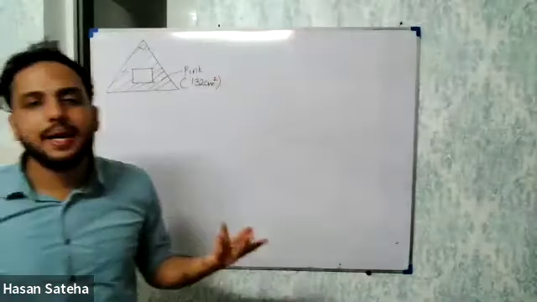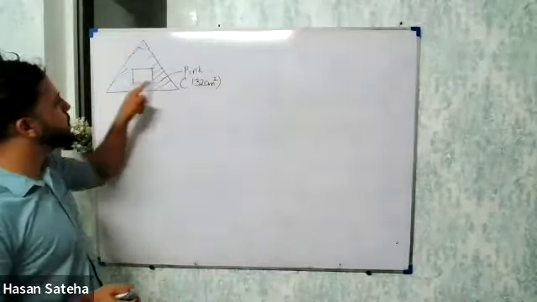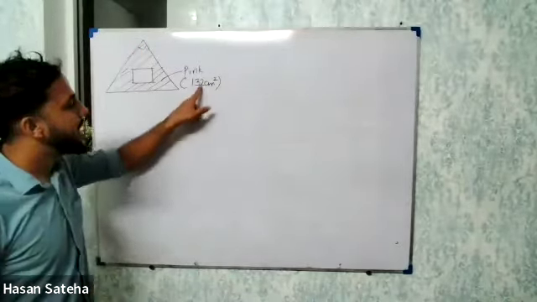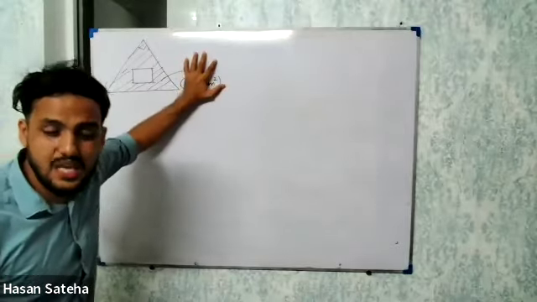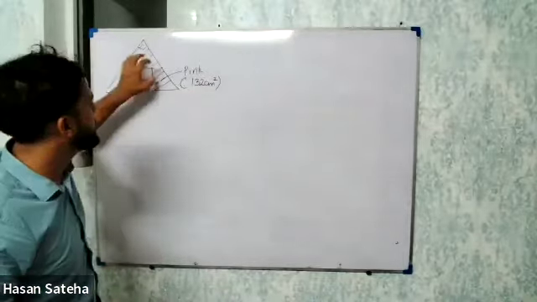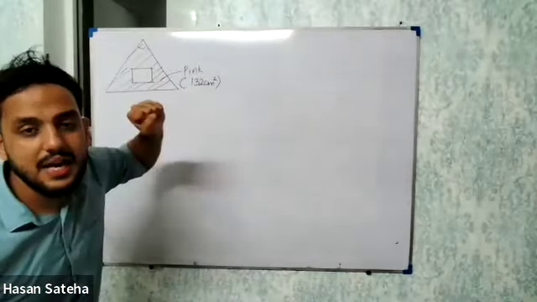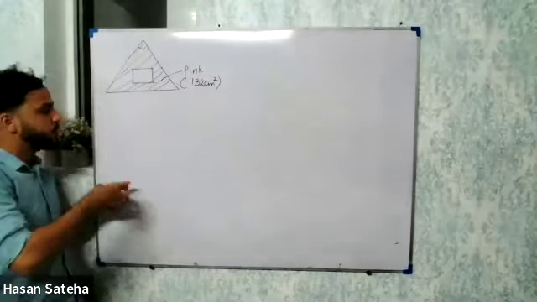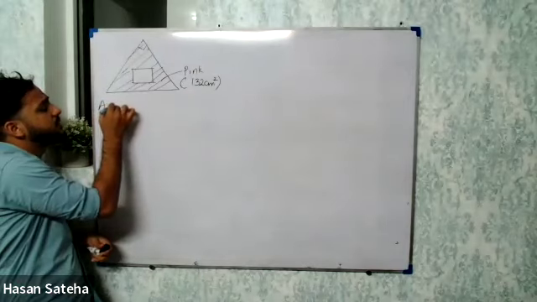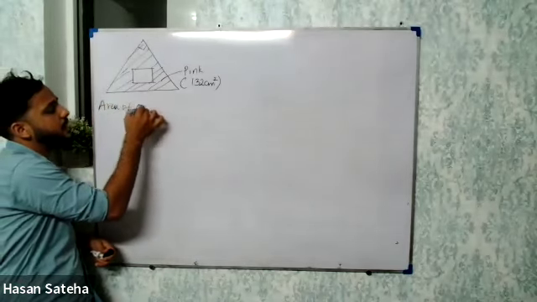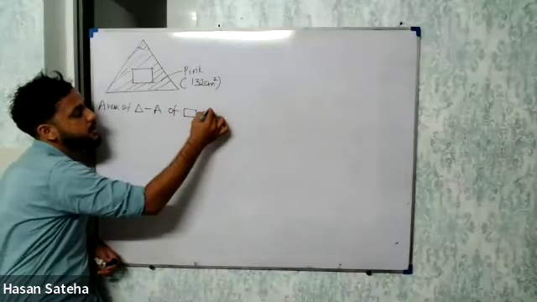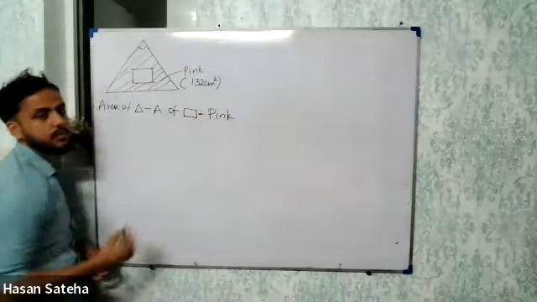Rectangle, you know the area: length into breadth. Now they have given you the area of the shaded or pink color region. So the area of the pink color region is equal to what? Area of the triangle minus the area of the rectangle. Right? So see here, area of triangle minus area of rectangle is equal to the pink color portion.